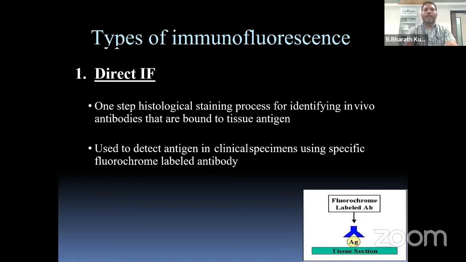Now we have two types of immunofluorescence technique. One is the direct immunofluorescence technique. It is a one-step histological staining process for identifying in vivo antibodies that are bound to the tissue antigen. It is used to detect antigen in clinical specimens using a specific fluorochrome-labeled antibody.